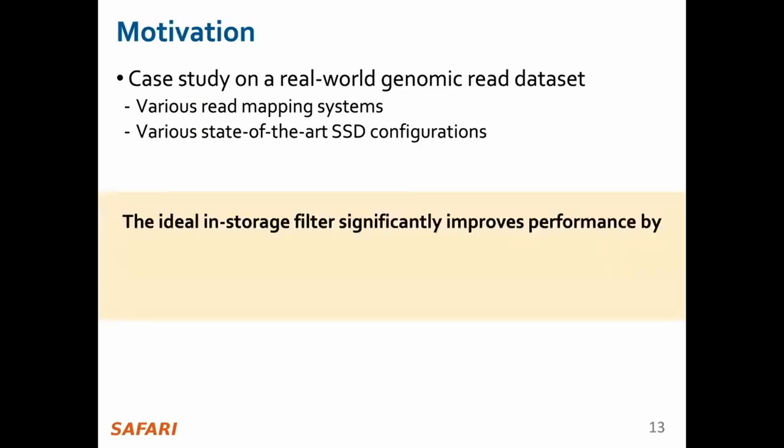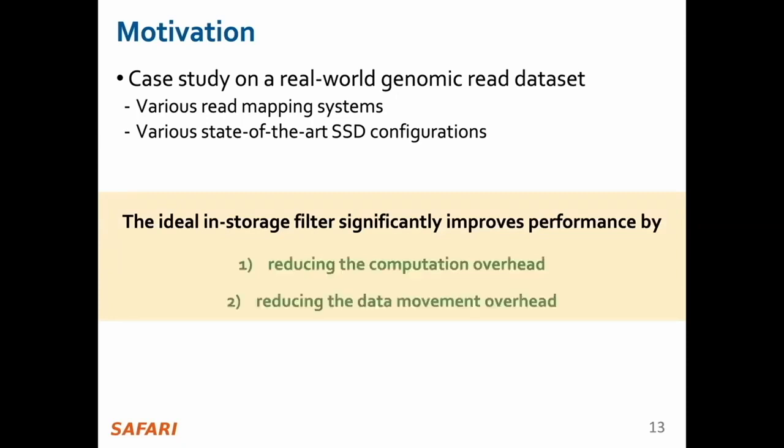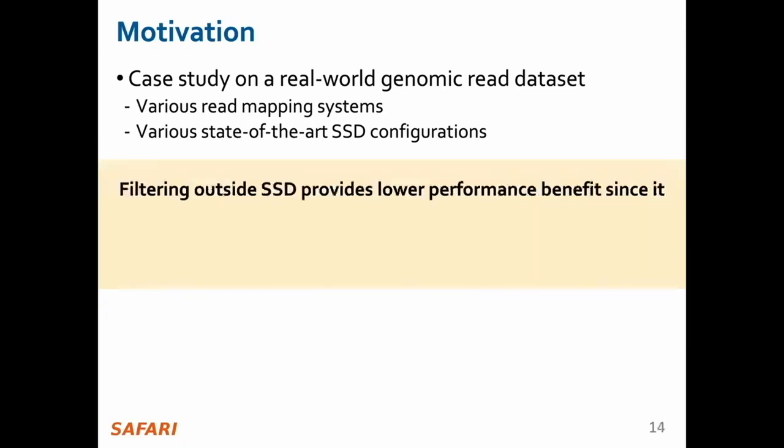By that, we make several key observations and takeaways. First, the ideal in-storage filter can significantly improve performance by reducing the computation overhead and data movement overhead from storage. And second, filtering outside the SSD provides lower performance benefits compared to an ideal in-storage filter because it does not reduce the data movement overhead from storage.